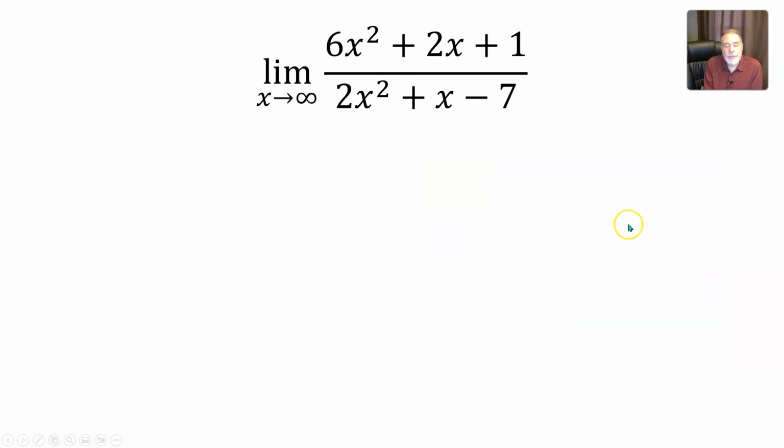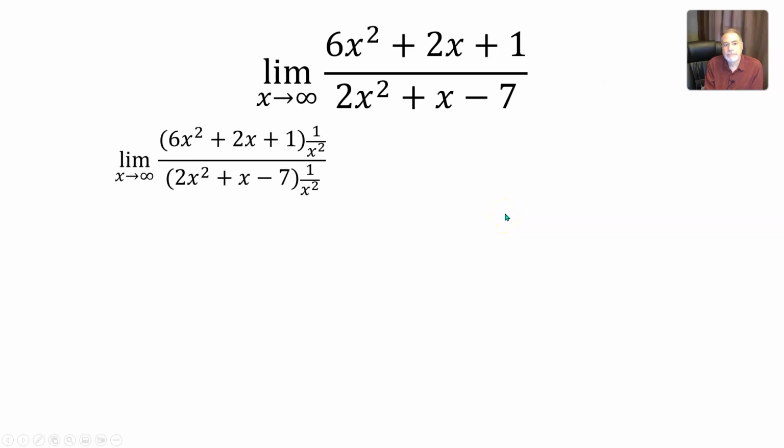Now what about this? The limit as x approaches infinity of 6x squared plus 2x plus 1 over 2x squared plus x minus 7. Well, this time I'm going to divide the numerator and the denominator each by x squared, or multiply by 1 over x squared, if it's easier to think of it that way.